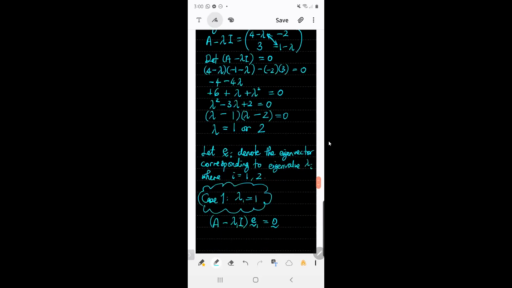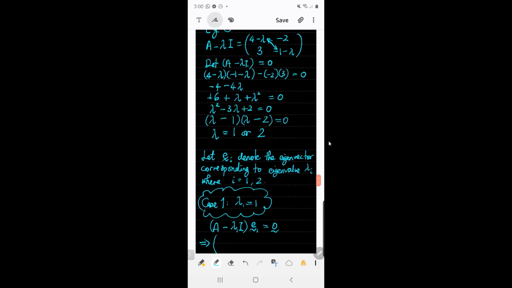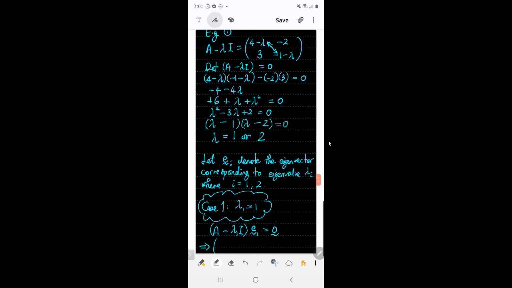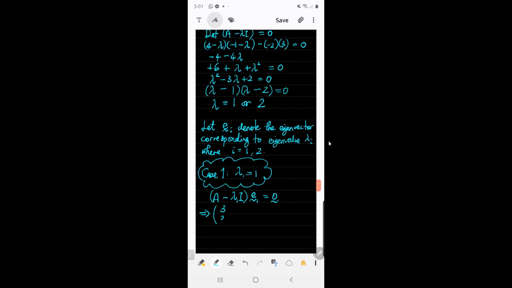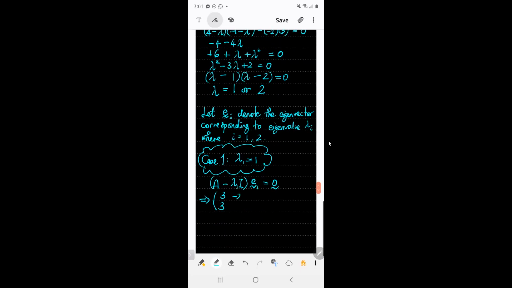So in our example 1 here, our eigenvector, we call it E1. So now we put it this way. The A minus lambda I means you take the matrix just now, you have A minus lambda I, lambda is equal to 1. So you put in 1 inside, you get 4 minus 1, you get 3. So you get 3 and 3. Then you have minus 2 and minus 1, so you get minus 2, minus 2, times the eigenvector 1 in the form of x, y.